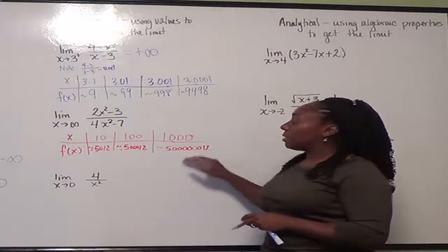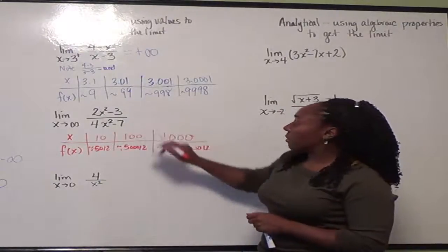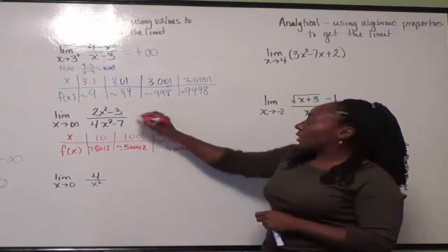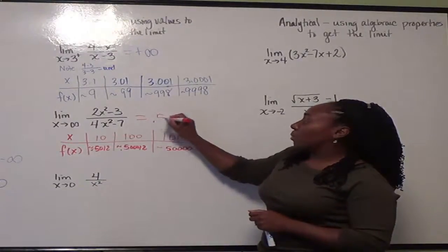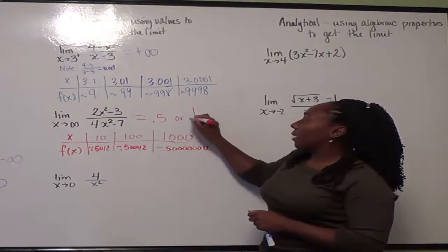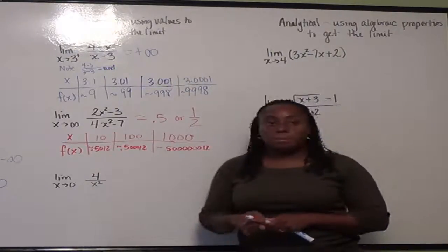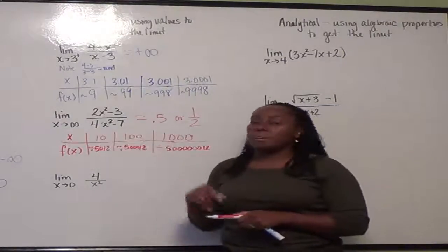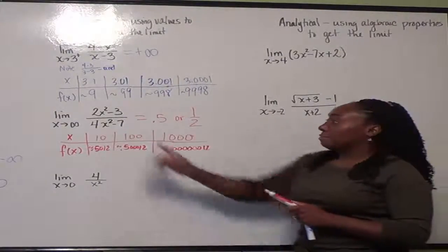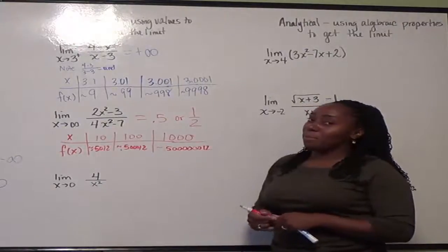And so in this case, we can say that our limit, as I go off to infinity, is going to get closer and closer to about 0.5 or 1/2. Okay. Later we'll talk about other methods for determining the same type of limit.